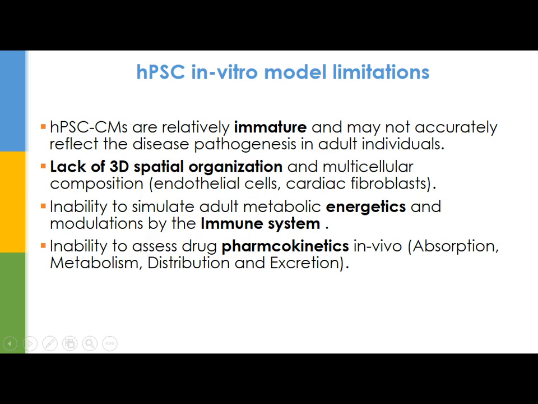So we do not evaluate the multicellular composition of the cardiac tissue, including endothelial cells and cardiac fibroblasts. We are unable to simulate the adult metabolic energetics and the modulation incurred by the immune system. And we are unable to assess drug pharmacokinetics, which is so important for assessing chemotherapy-induced cardiomyopathy.